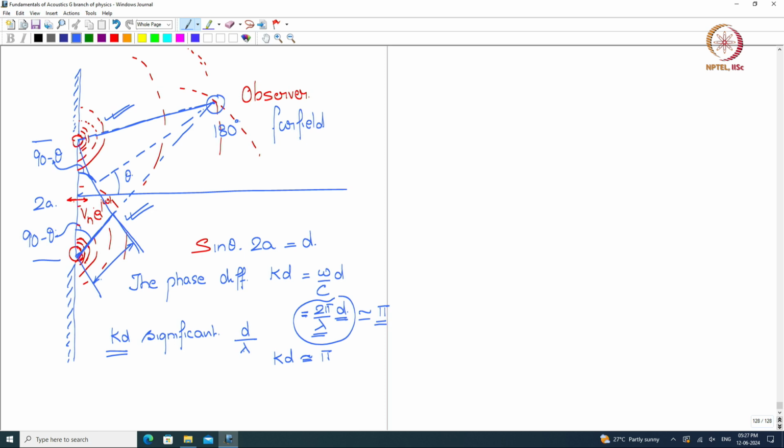So that's what is happening. Then you can have destructive interference, or cancellation.